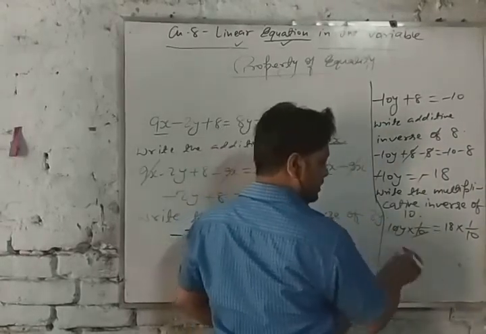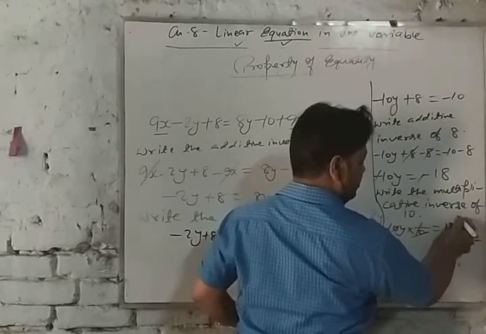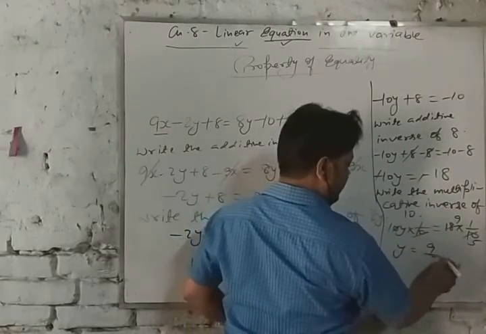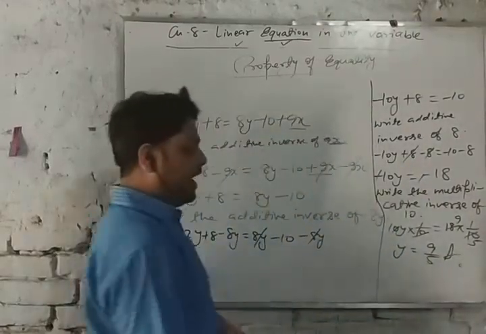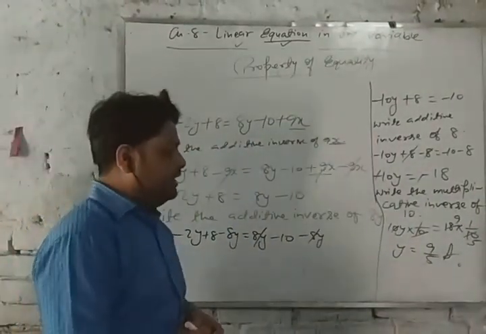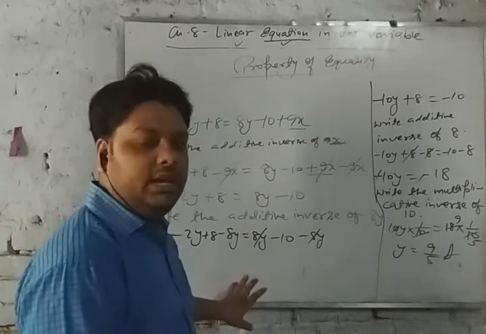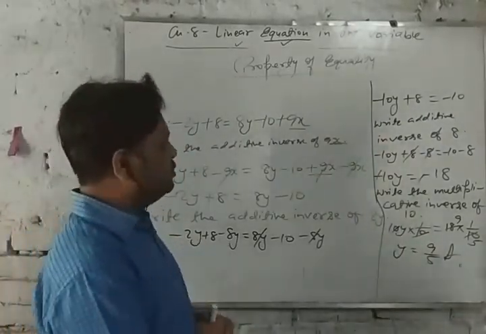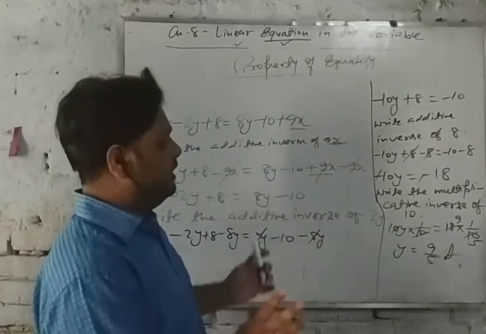Then 10 cancelled out. Here only y is there. Now here it is 9 by 5. So we can say that y is equal to 9 by 5 is the answer of this equation. Okay dear. So I hope that you all have understood this. So let's move to the next topic.